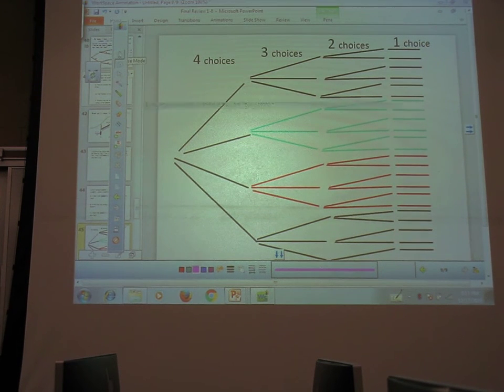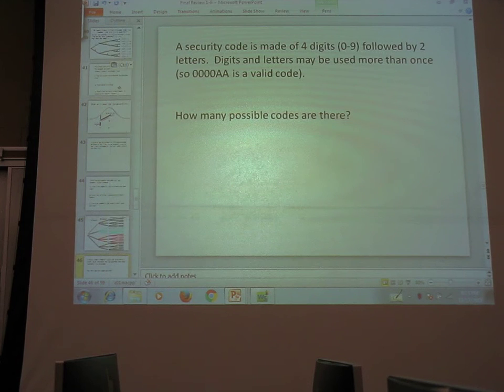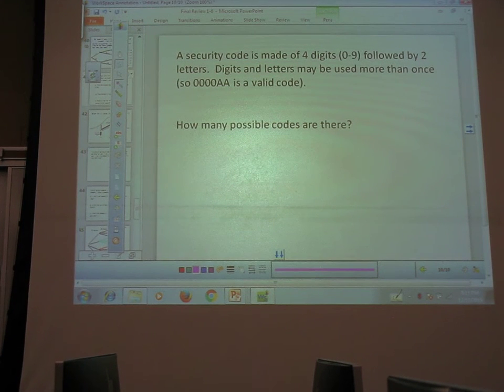All right. Do the next one. Should be really quick. Booty code. It's also a counting one.